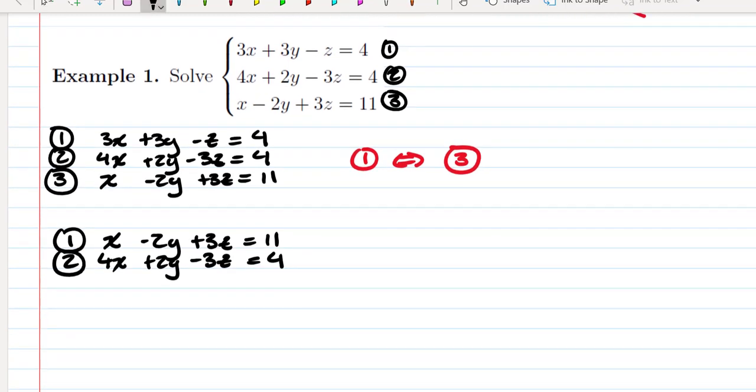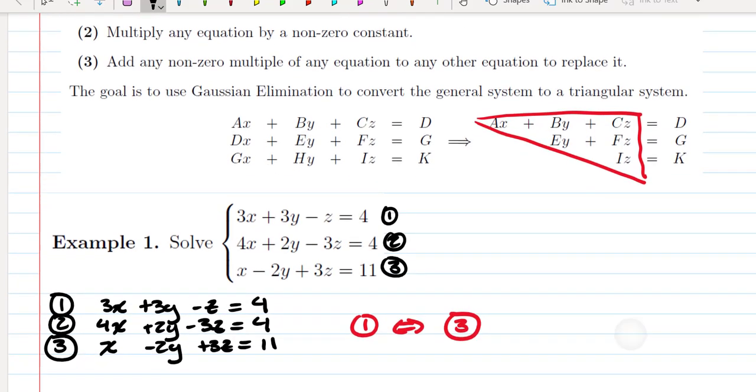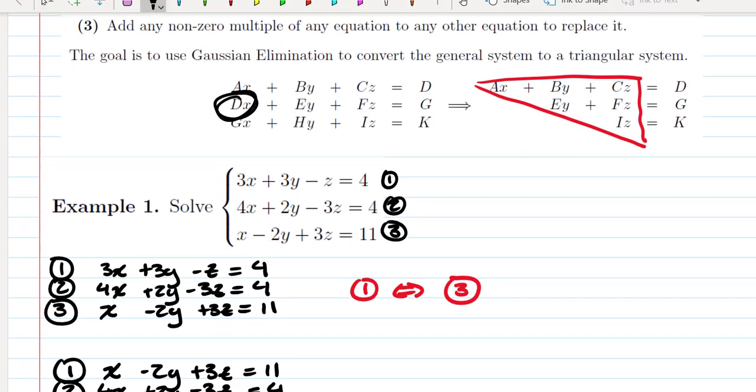And my new equation 3 is my old equation 1, so it's 3x plus 3y minus z is equal to 4. So now, the next thing I need to do, we want to get to triangle form, is I need to eliminate these two things here. So let's start with this.